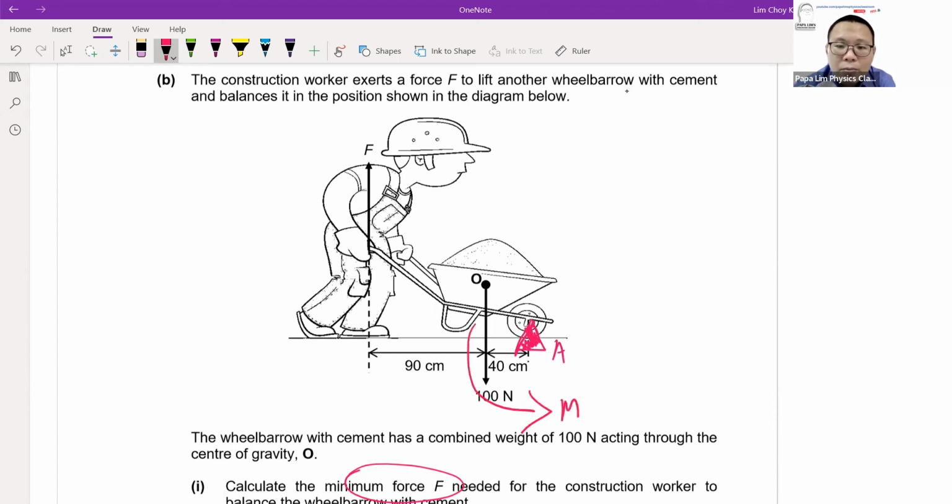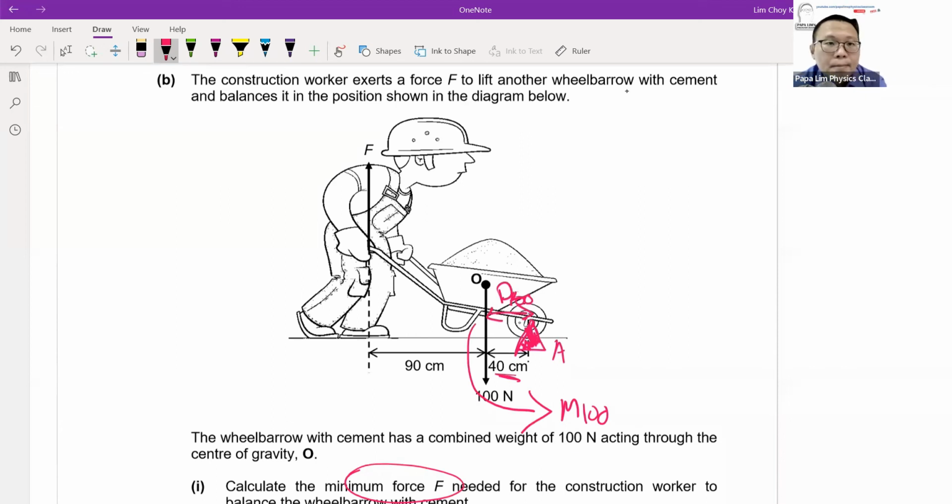I label this as M100. I'm also looking at the perpendicular distance, D100, which is the 40 cm, for my force of 100 Newton producing an anti-clockwise moment.